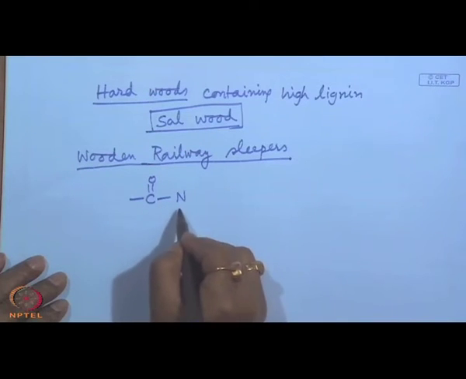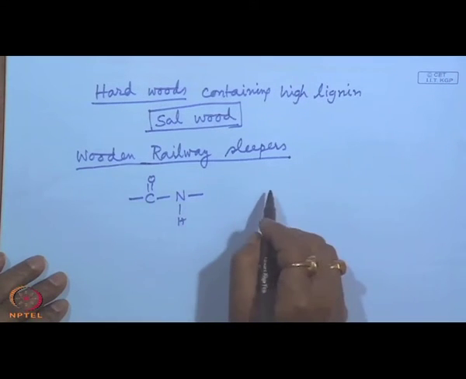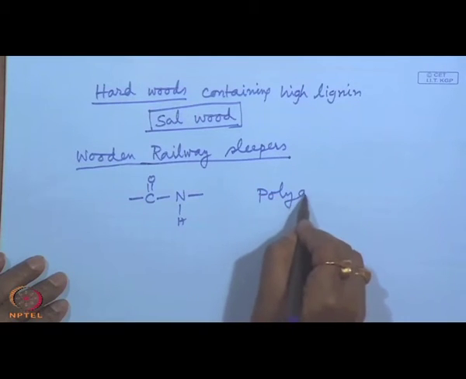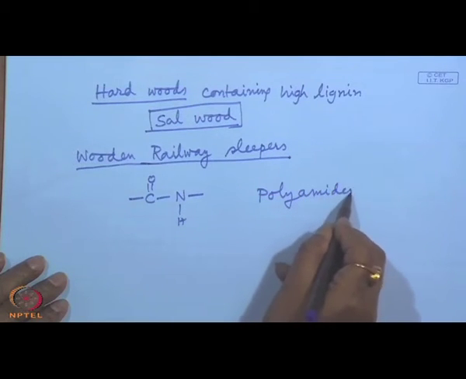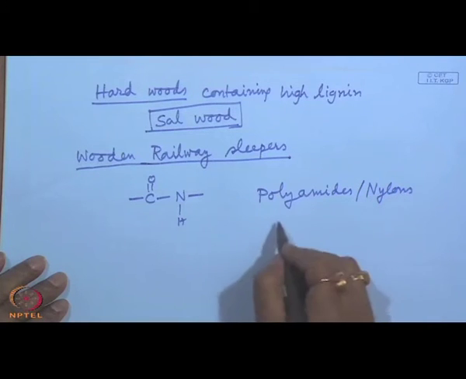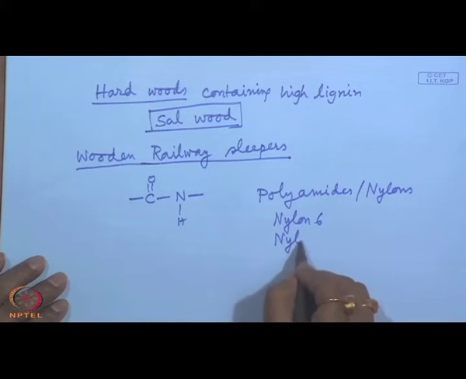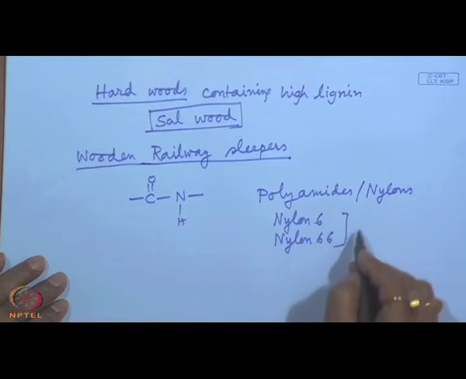This same linkage is present in polyamides or nylons, say nylon 6, nylon 6,6, which are aliphatic nylons.